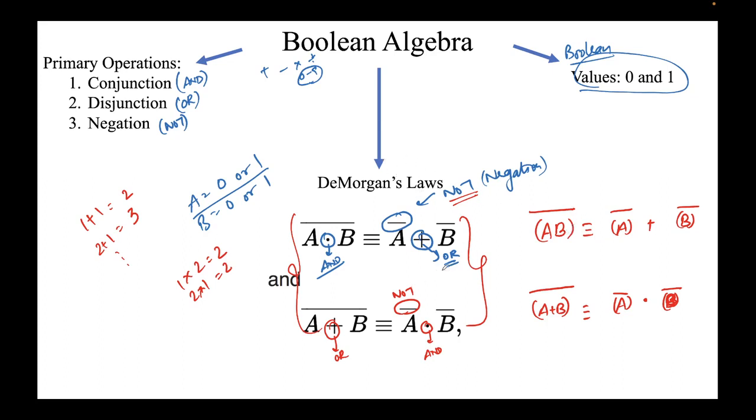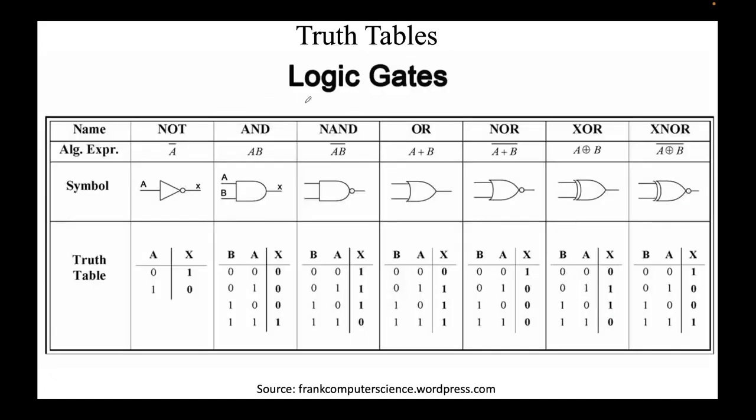So this is all algebra. But in physical life, we also have AND, OR, and NOT. So from paper, how do we go into real life? This is done using something called logic gates.